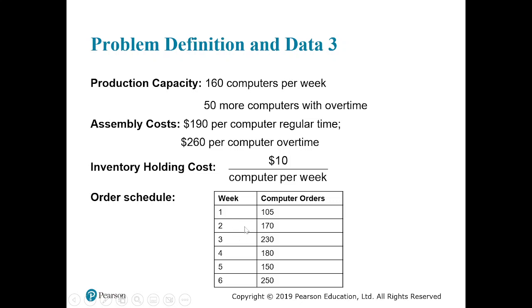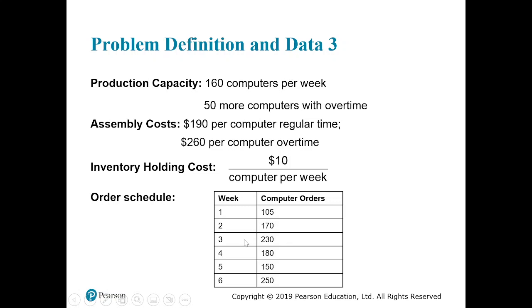However, as we go to the second week, because the regular capacity is 160 and the demand is 170, for the 10 extra that you need to fulfill the demand, you need to pay more for the cost. So might as well produce a little bit more in the first week, and you just pay $10 per computer, and you keep it for 1 week, and then you can meet the demand in the second week.